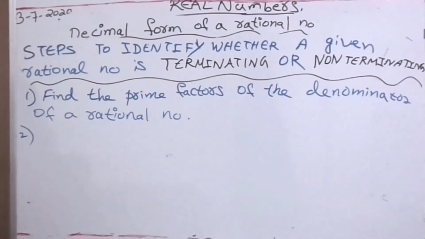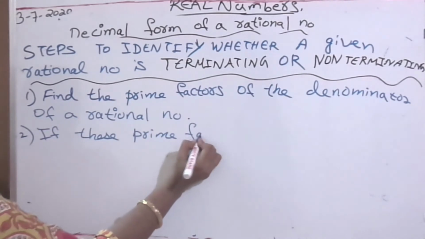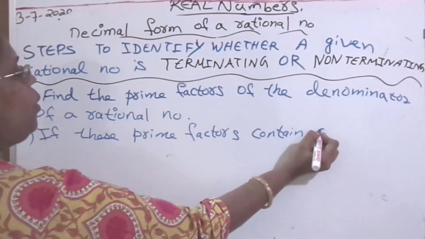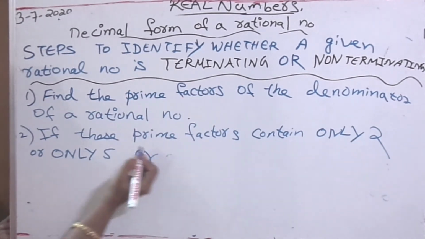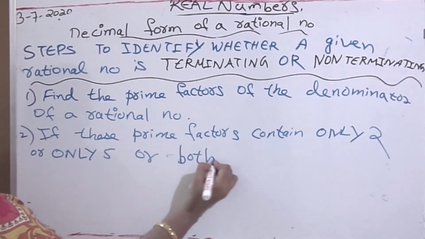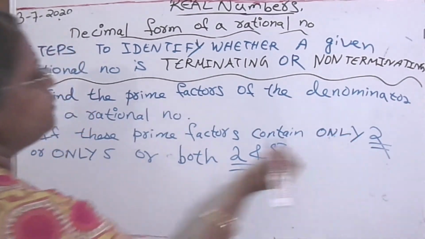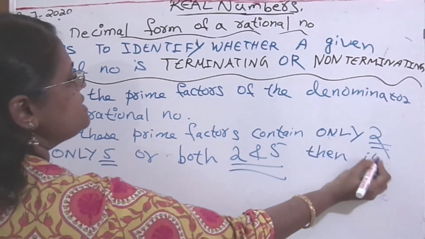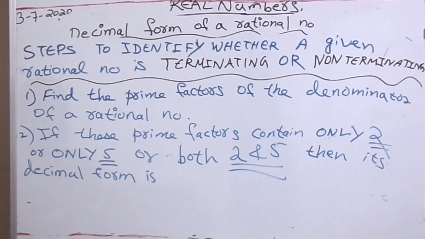Second, if these prime factors contain only 2 or only 5 or both 2 and 5, then its decimal form is terminating.